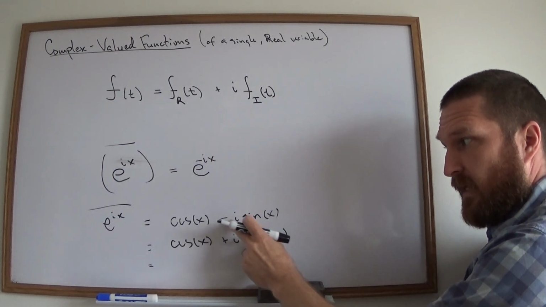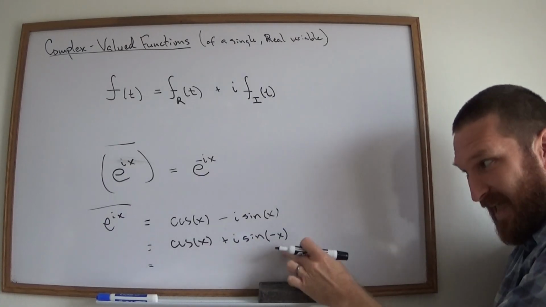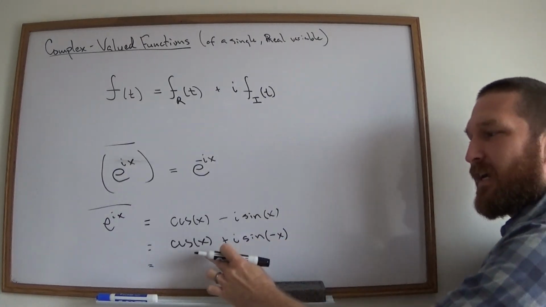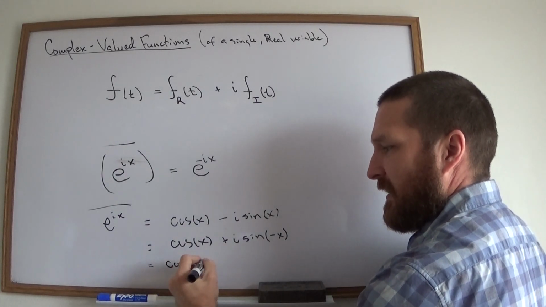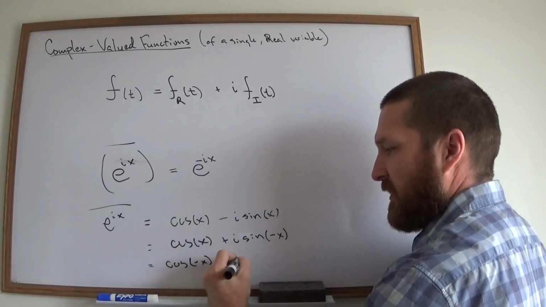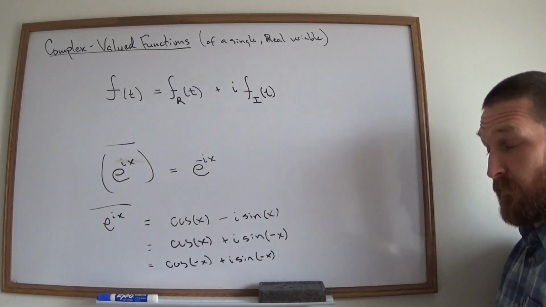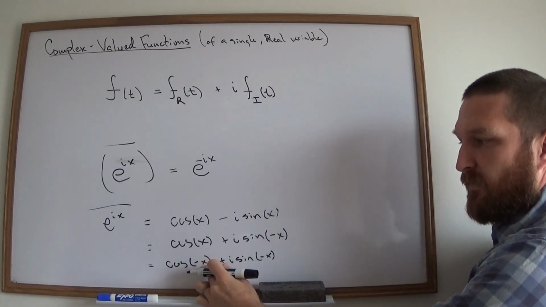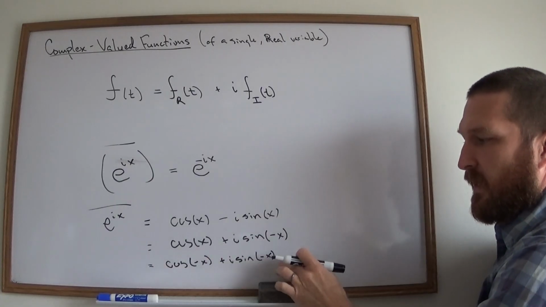Cosine's an even function, so I could make the inside negative and it doesn't change anything. Cosine of negative x is the same thing as cosine positive x.